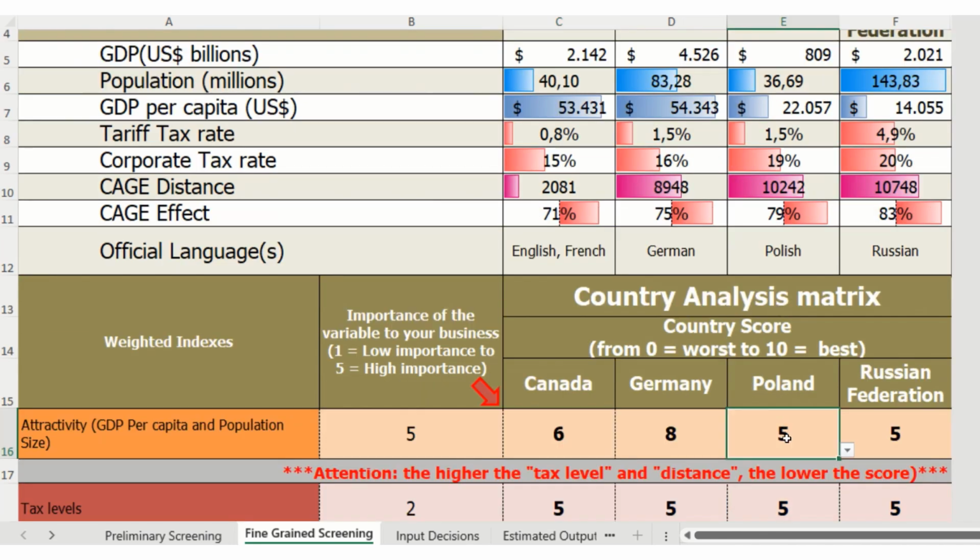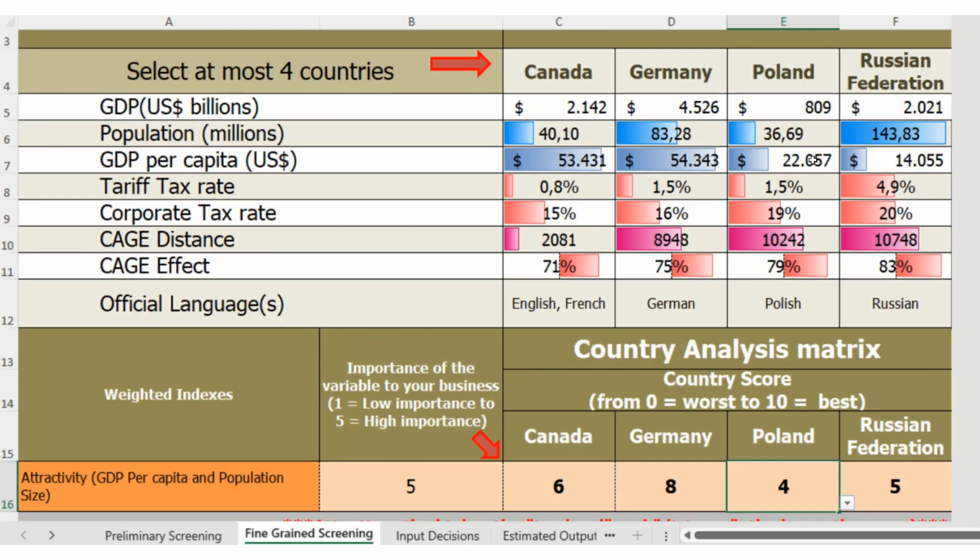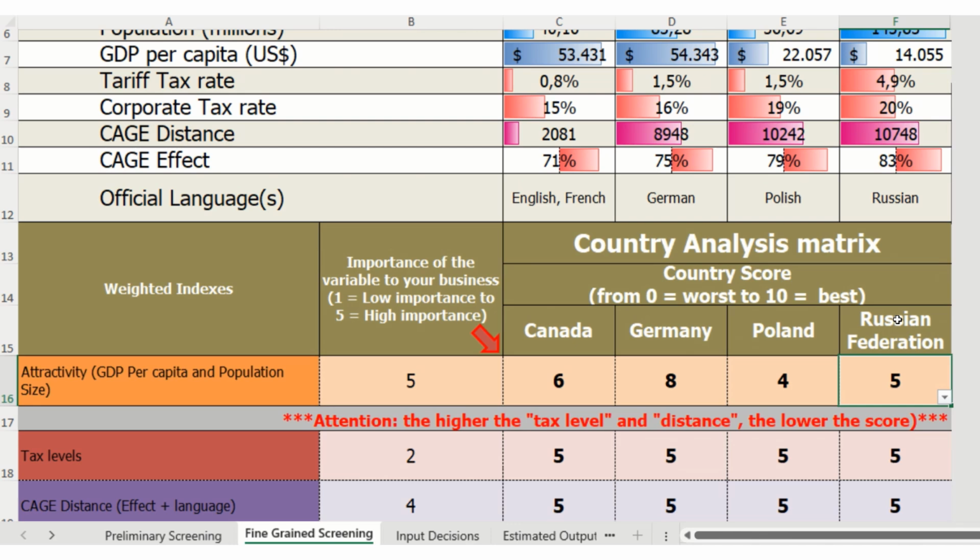For Poland, probably I'm going to put like a 4, and 4 means that we have here a population that is not so big as well and a lower GDP per capita. And finally, Russia: since we have a lot of people living there, and I believe that people is more important than just GDP per capita, let's say that I put here a 7, okay?